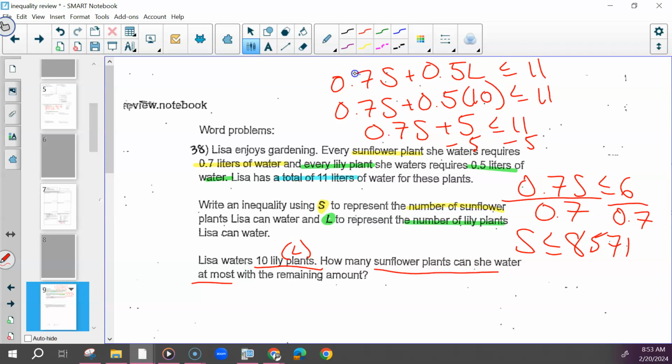Would we round up or down? Down, because we can't go over the amount she has. So she can water at most 8 sunflowers without running out of water. Or maybe she runs out, but there's a little bit left.